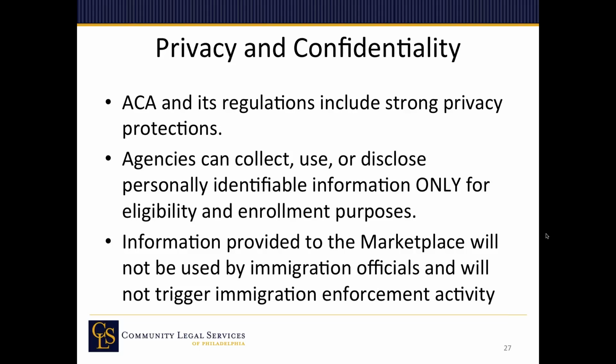And so they will just recognize this group as Medicaid eligible and tell them that because they're Medicaid eligible, they're ineligible for marketplace coverage with subsidies. The marketplace will then refer them over for Medicaid eligibility determinations at the county assistance offices, even though these folks, because of their immigration status, are ineligible for Medicaid.